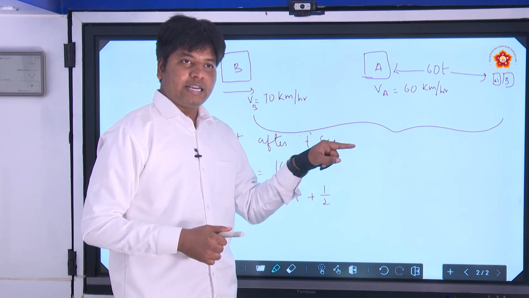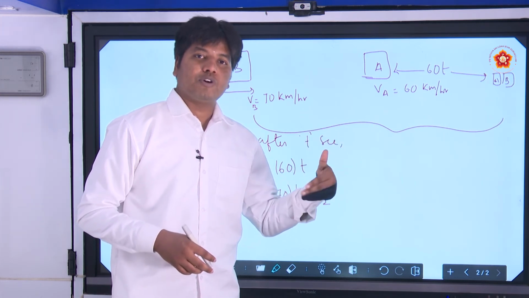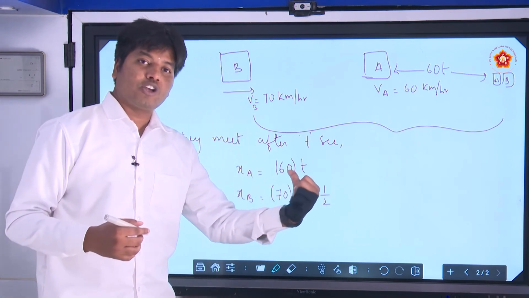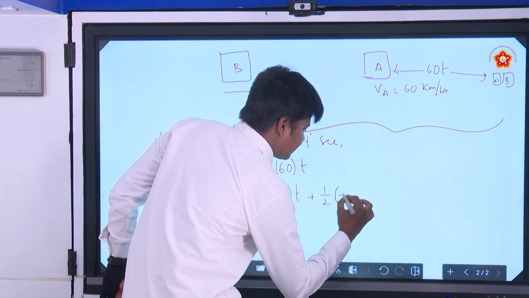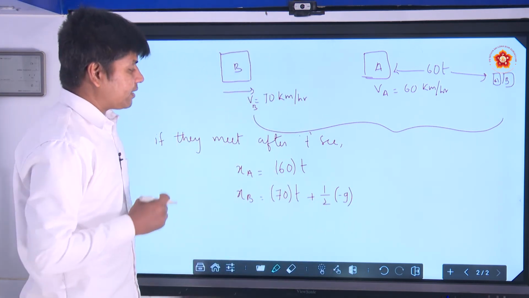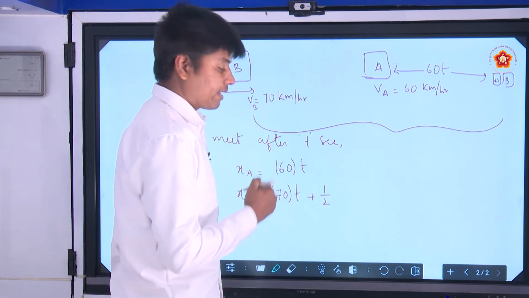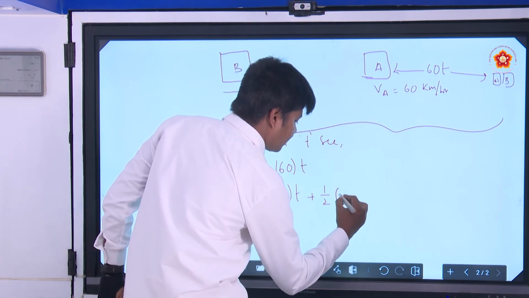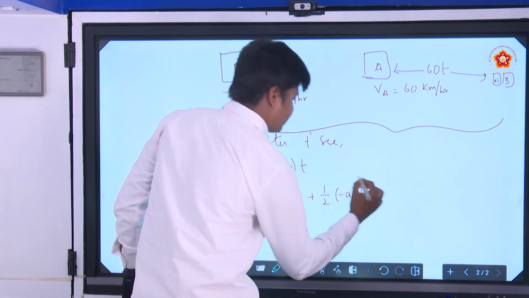The motion is in the positive direction, and it is decelerating. That means it is making the body slower, so the acceleration is acting in the opposite direction. It becomes minus a, I am sorry, it is not g, it is not motion under gravity, right. So minus a into t square.